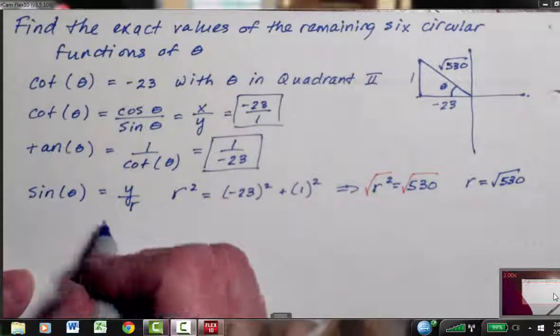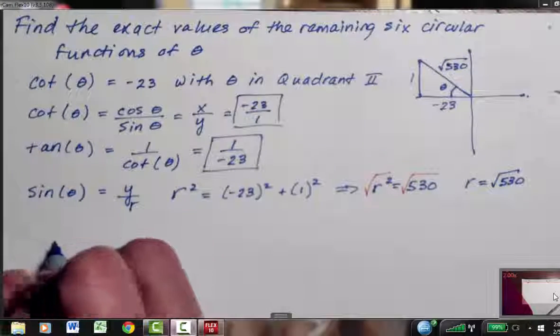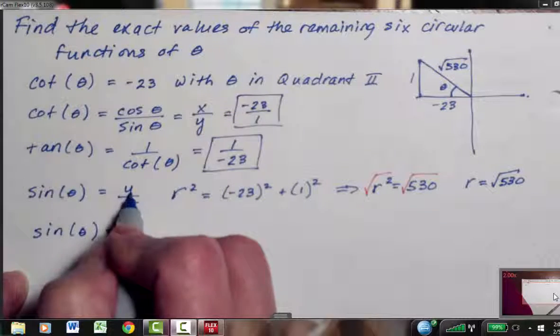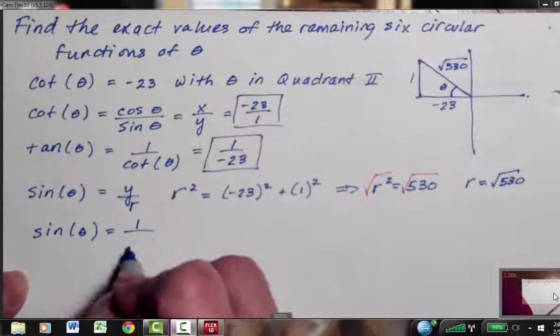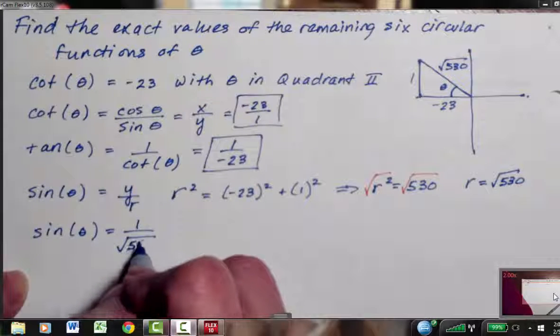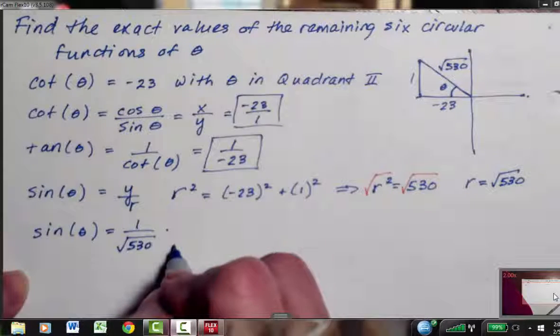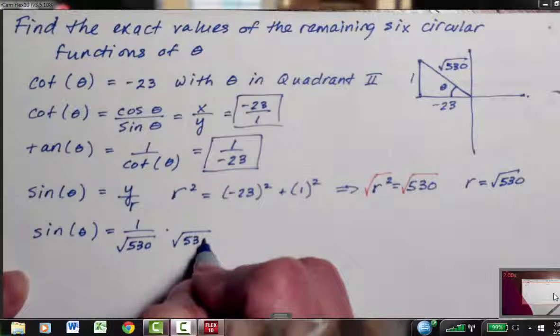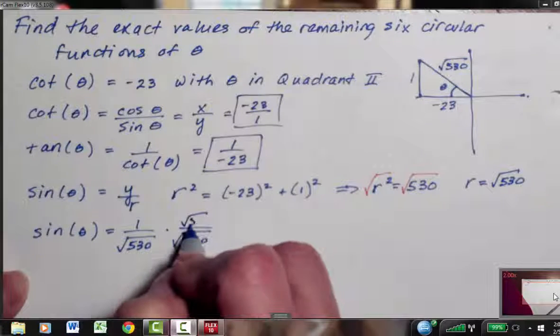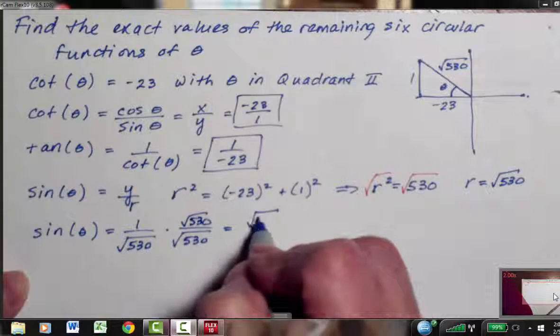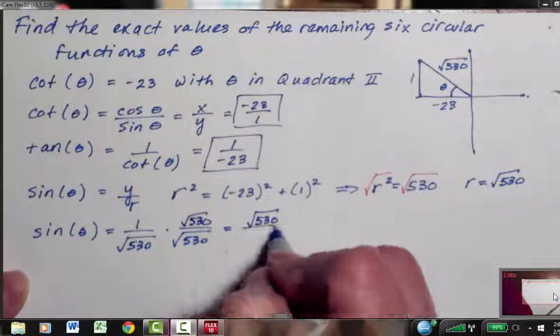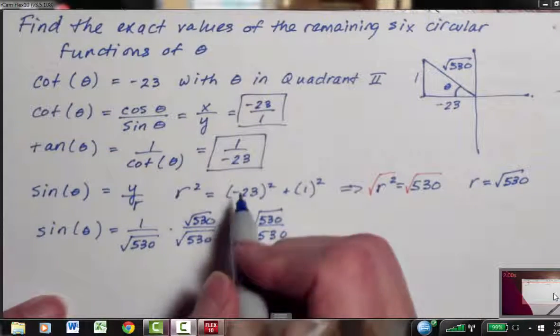So coming back here then, we know that the sine of theta equals y, which is 1, over the square root of 530. Rationalizing the denominator by multiplying by the square root of 530 gives us the square root of 530 over 530.